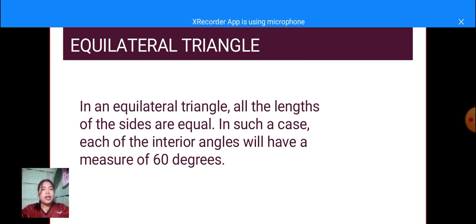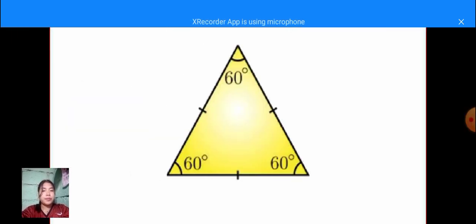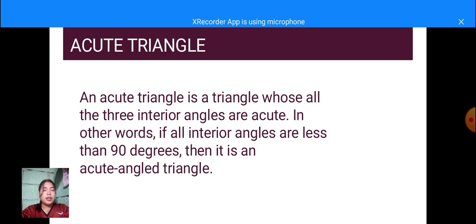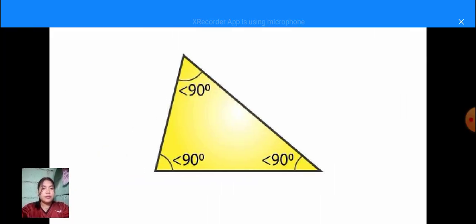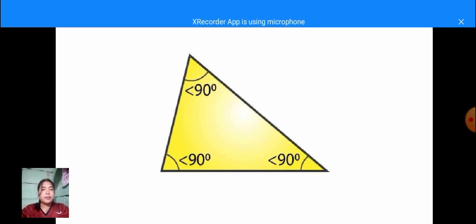Equilateral triangle. In an equilateral triangle, all of the side lengths are equal, and in such a case each interior angle will have a measure of 60 degrees. Here's the example. Acute triangle: an acute triangle is a triangle whose three interior angles are all acute. In other words, if all interior angles are less than 90 degrees, then it is an acute-angled triangle. Here are the examples.